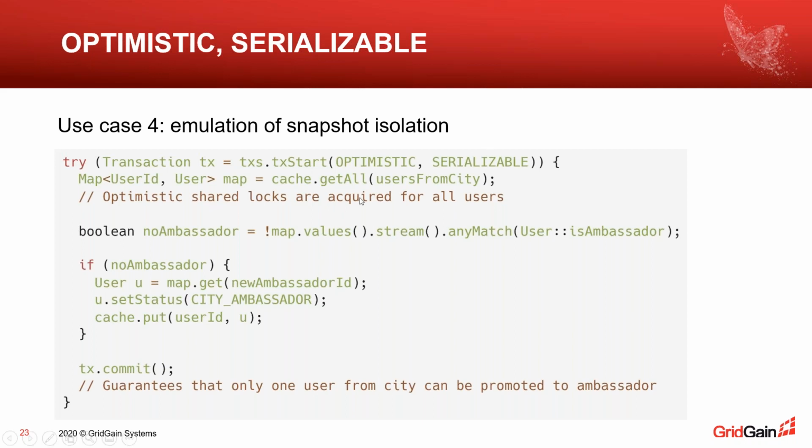And after you have acquired optimistic shared locks, you can perform code that will calculate an ambassador. So after this operation, reads will be repeatable, so you can safely scan through your map and calculate a user that should be an ambassador. And then you can perform the transaction commit, and this commit will fail in case some user is changed by a concurrent transaction.